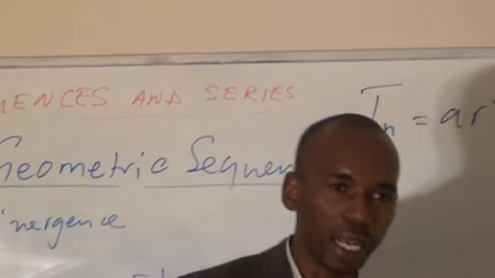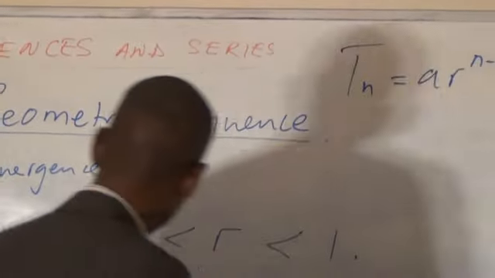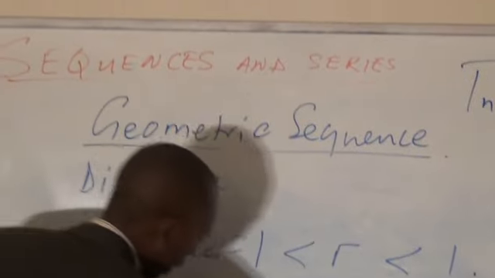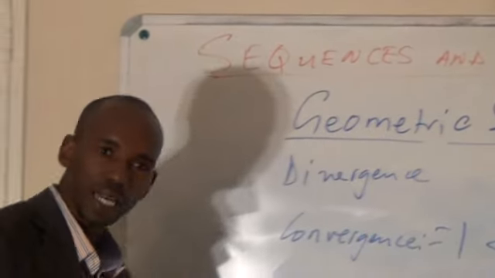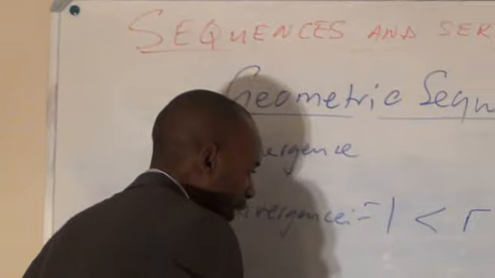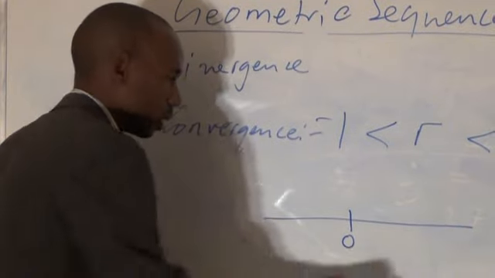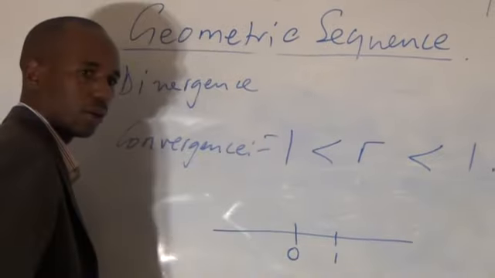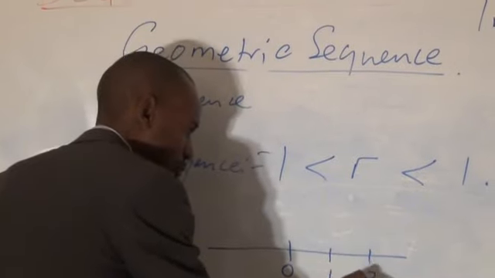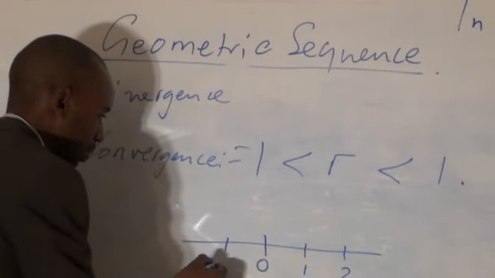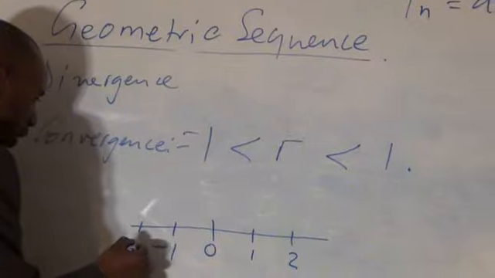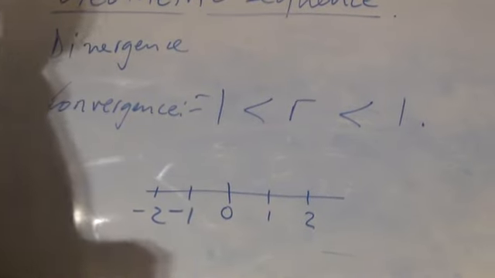Let us look at the number line again and think about it carefully. If we look at the number line, if this is 0, that's 1, that's 2, that's -1, that's -2, and we can continue.